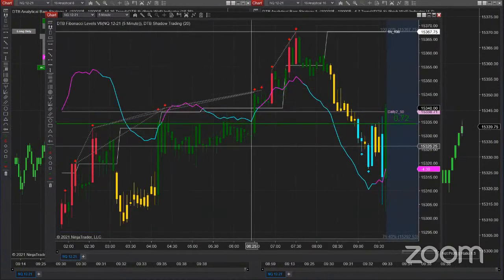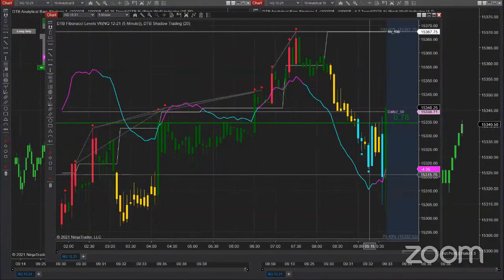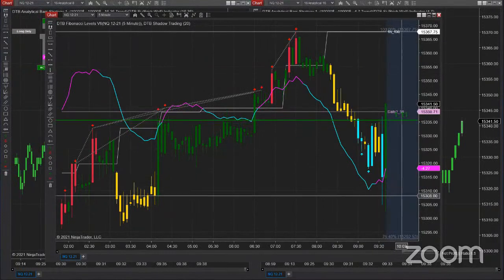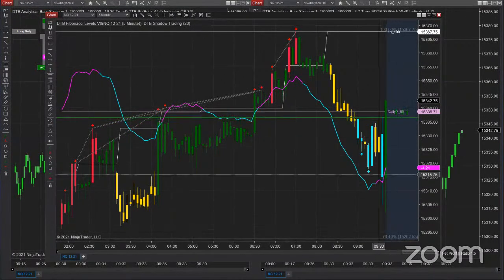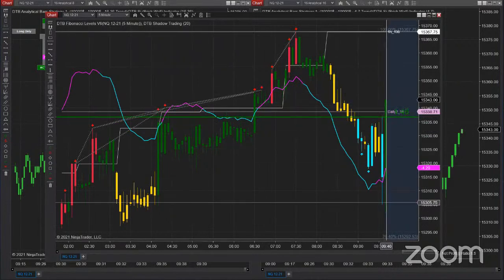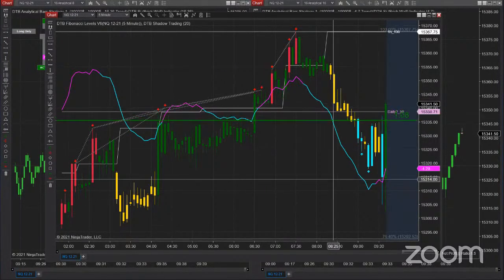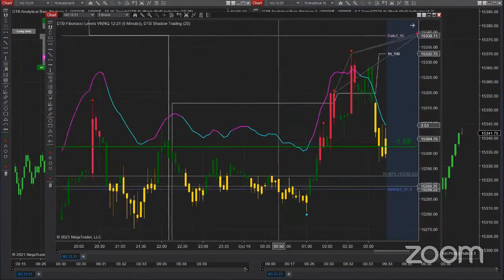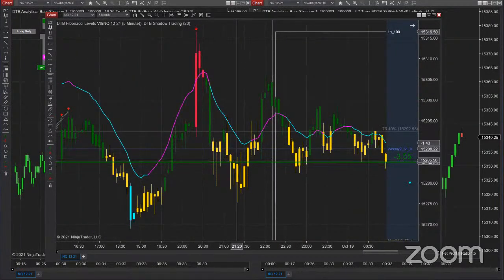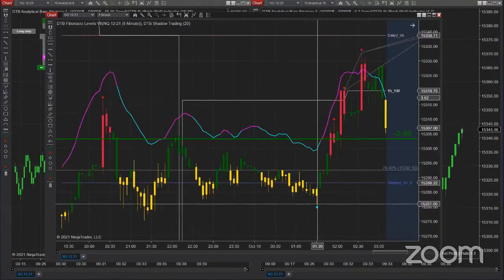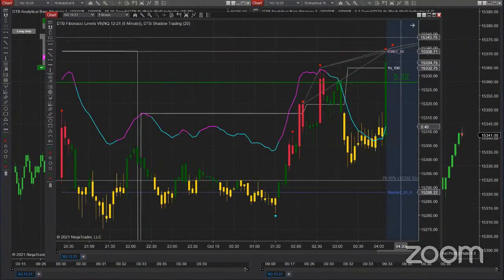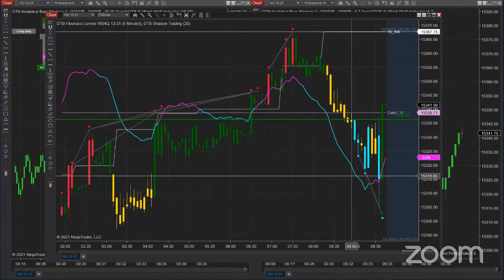With the shadow trading indicator, you're going to notice it's going to paint these arrows and the momentum line. At the moment, the momentum line is below the price, but we have had very wild bars, obviously, being the open. Generally, what you're going to see is the coloring of the bars, yellow and gold, not as good to see on a 5-minute chart.